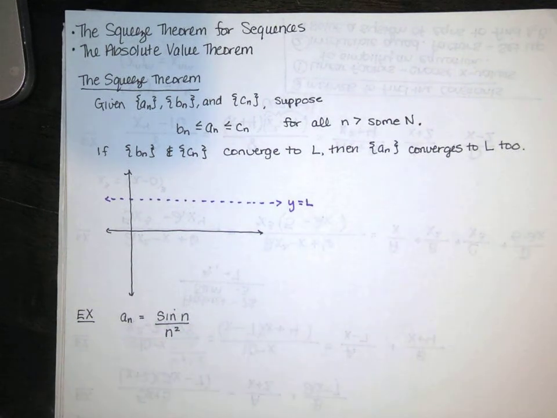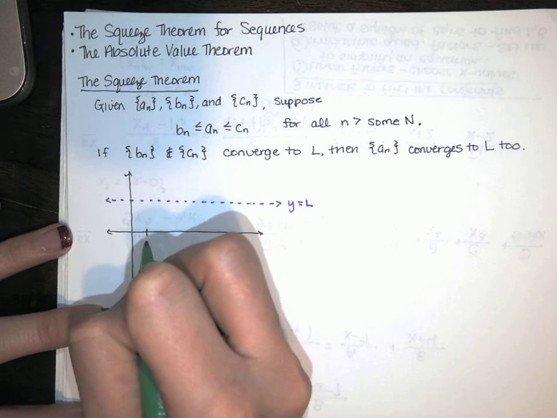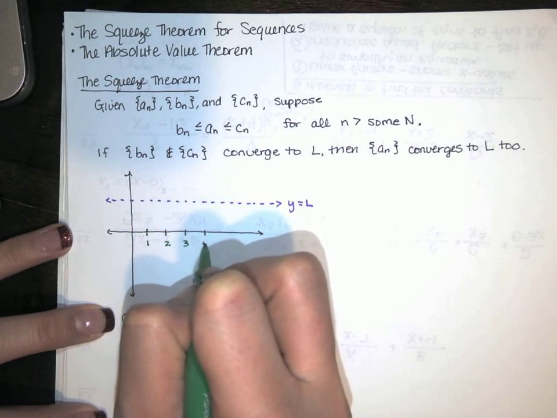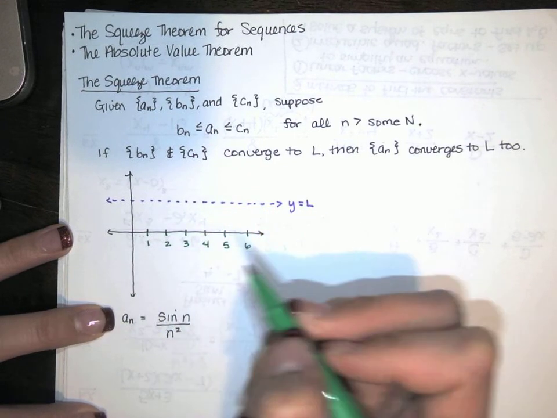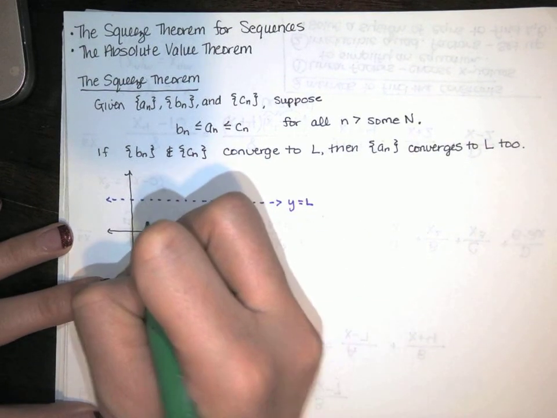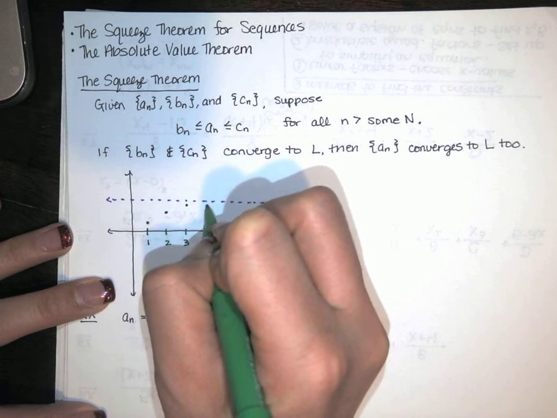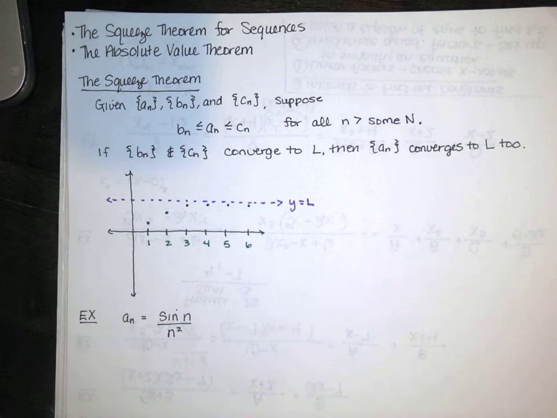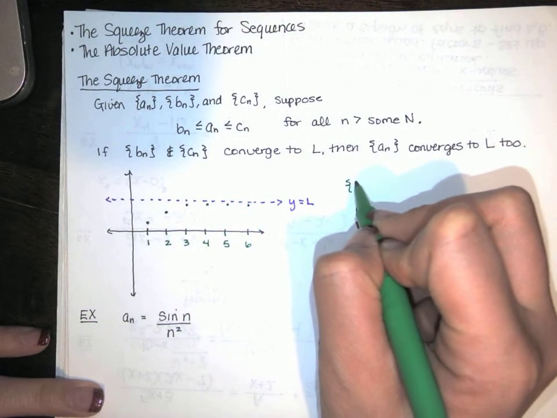So maybe the terms of B sub n look like this. B sub n kind of has this behavior. So that green sequence represents B sub n.